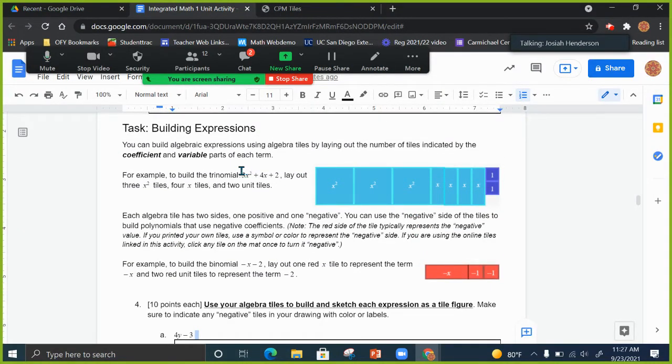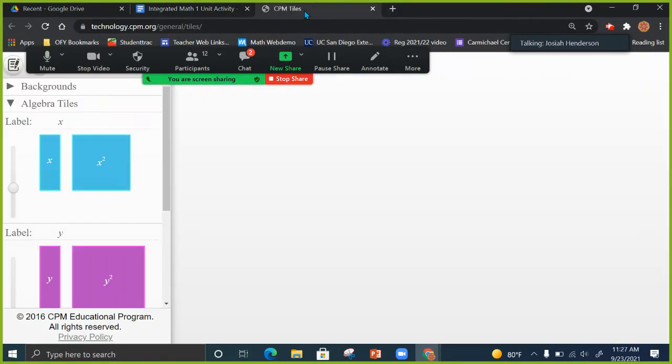To model out 3x squared, they have 3 of the x squared boxes. 4x is 4 of the x boxes, and then plus 2 is 2 of my unit tiles, the ones. So using that as our guide, to do 4y minus 3, it'll be 4 y's.